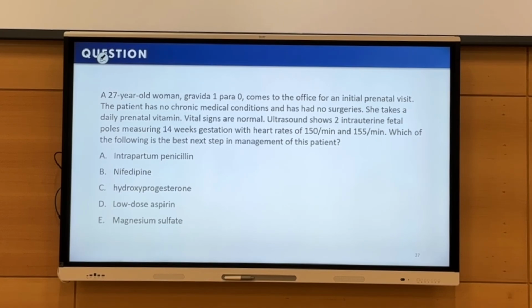Why D or B? Why are you giving her anything? No, this is the heart rate of the baby. It's like a double.